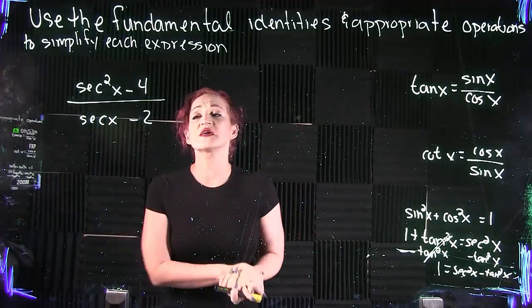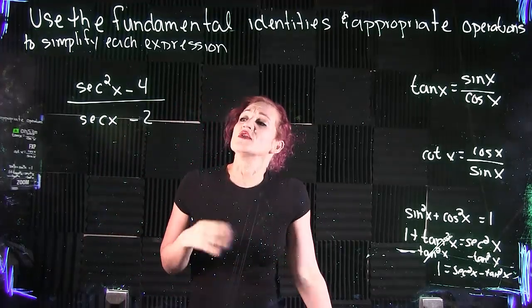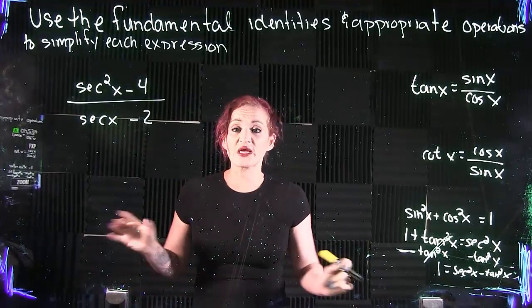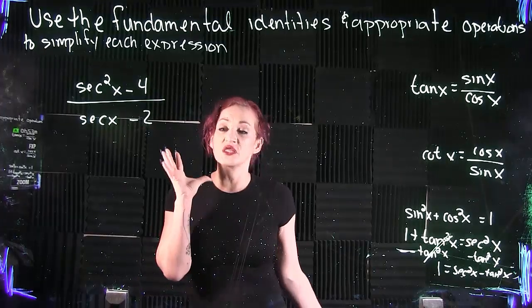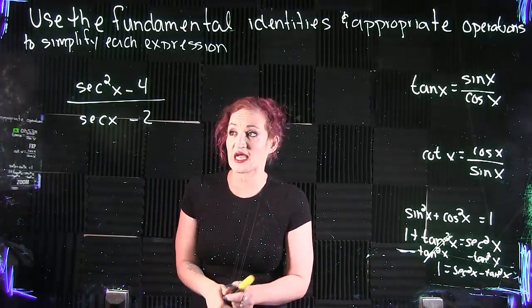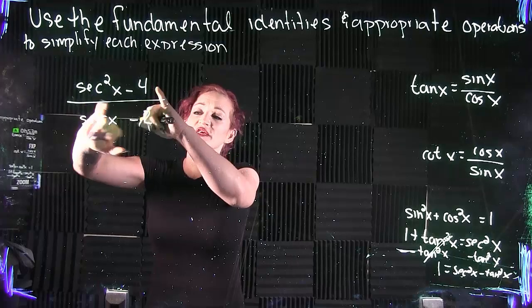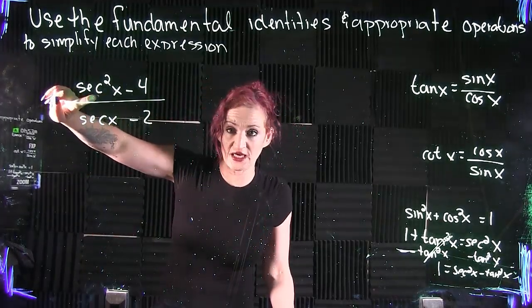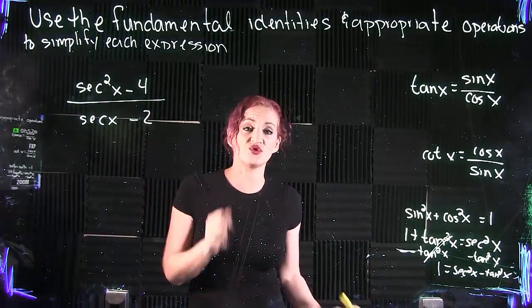Taking a look at this particular example here, the first thing that I notice, especially that numerator, is set up perfectly using the difference of squares factoring technique. If you take a look, each one of these terms are perfect squares. Secant x times secant x to get that first term, 2 times 2 to get that second term.